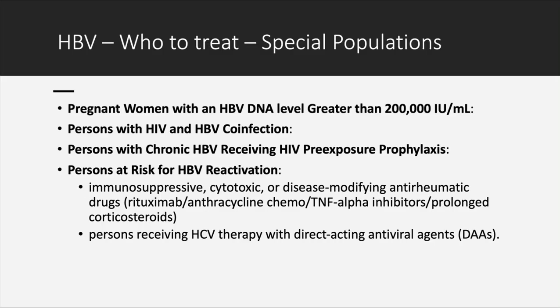Other people we treat. Pregnant women. Why do we treat them? To prevent vertical transmission. People with HIV and hepatitis B, why do we treat them? Yes, for exactly the reasons that you said. We treat them because they're at risk for more severe liver disease because of their underlying HIV.